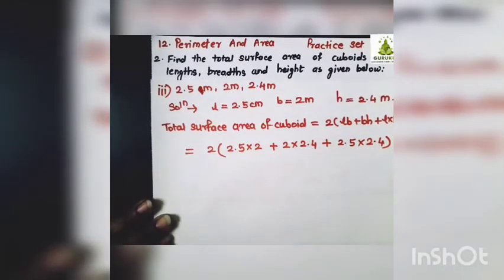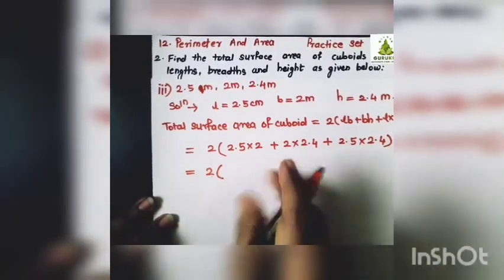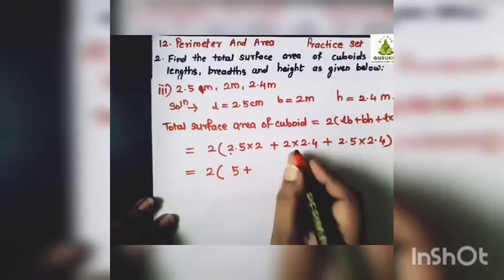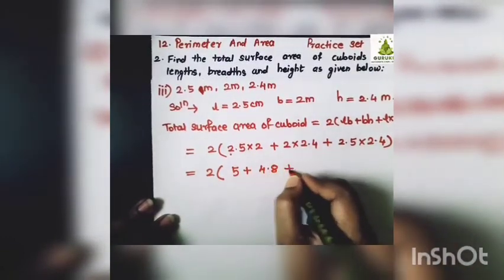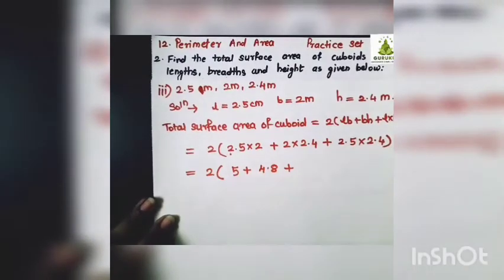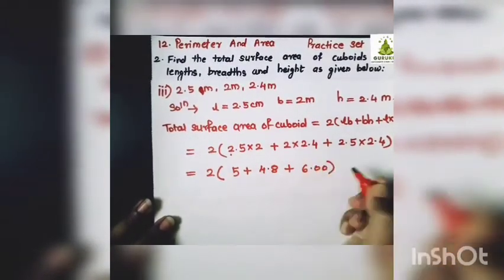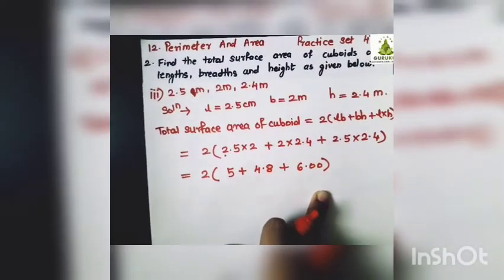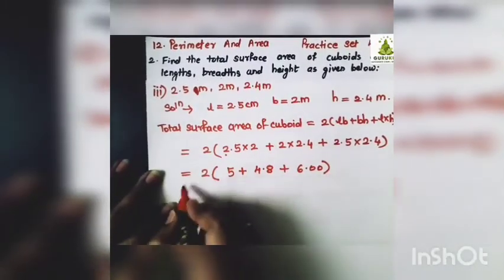Okay, then do the multiplication. First complete the multiplication inside the bracket. 2.5 into 2 will be 5. 2 into 2.4 will be 4.8, and 2.5 into 2.4 will be 6.00. Now I can do this multiplication orally, but if it is not possible for you, you can do it in a rough work.